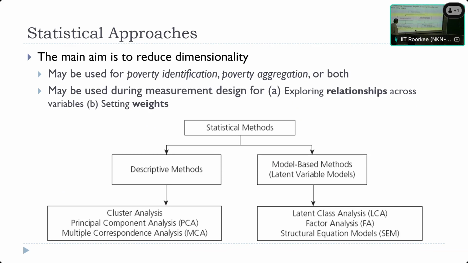If you look at principal component analysis, the main idea is how much variance on the left-hand side can you explain. That's the main idea, even for principal component and many others. So you have your latent construct or left-hand side variable, and you are just trying to explain how much of this variance can be explained.